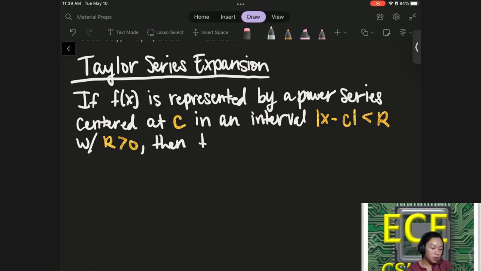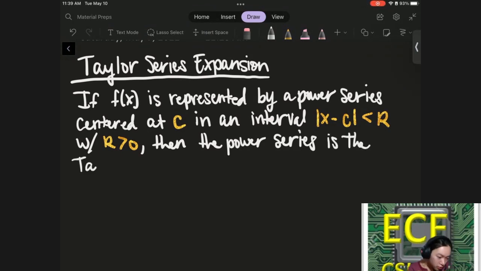Then the power series is the Taylor series.